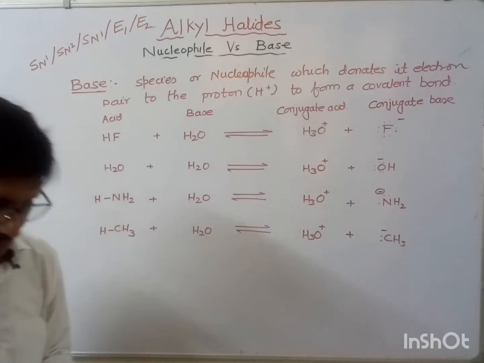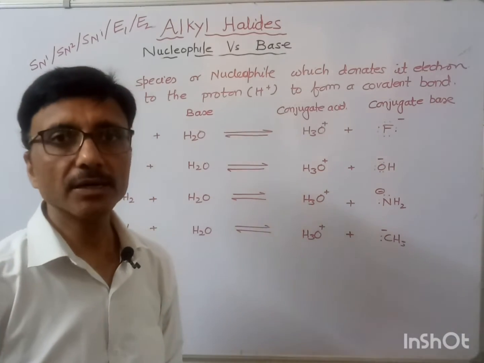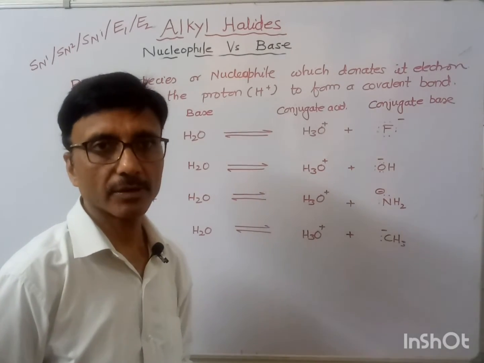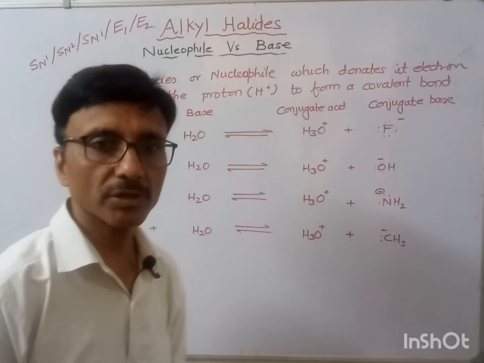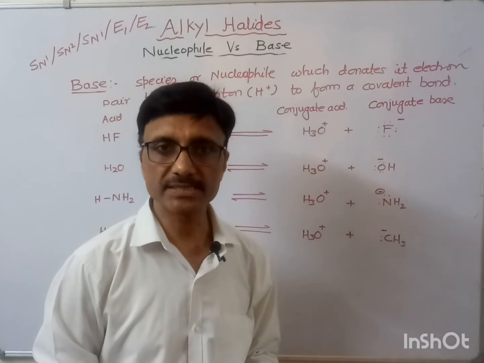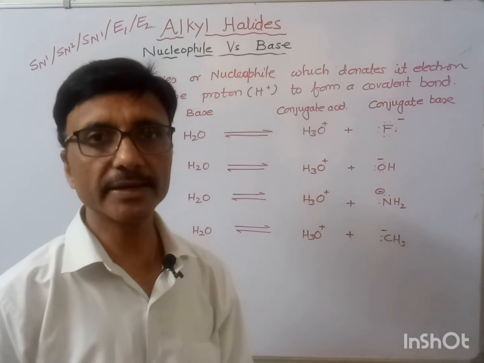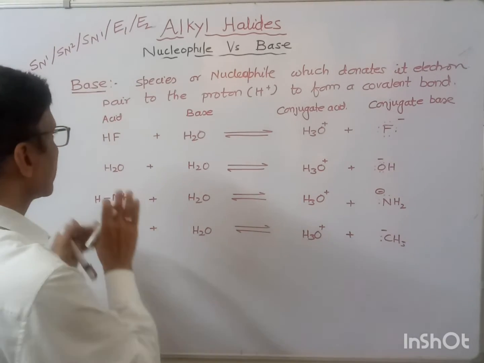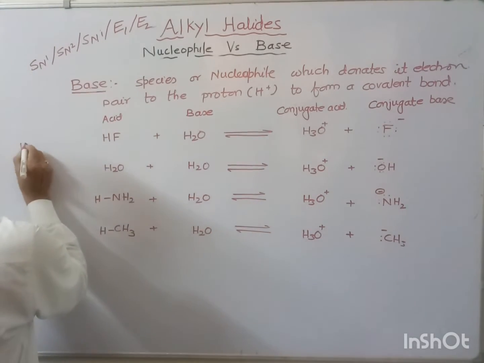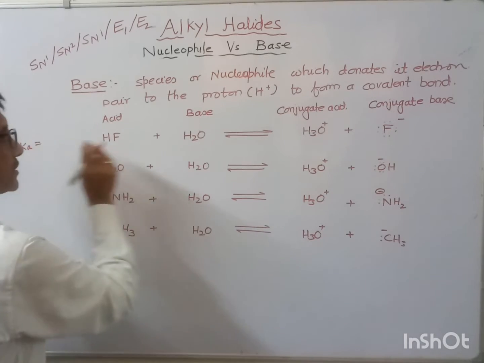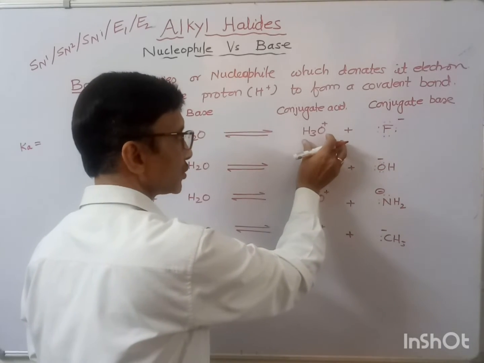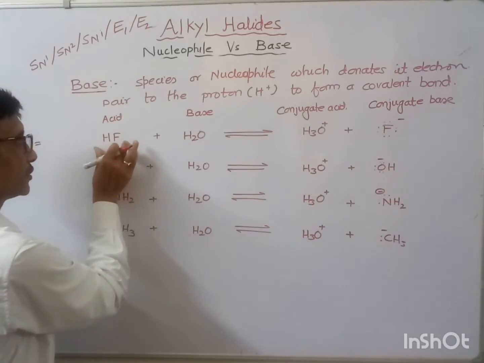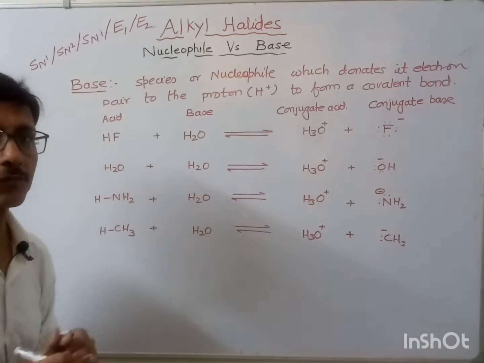From these reactions we can find the Ka, and Ka tells about the strength of the acid, and indirectly we can say the strength of the base can also be found out. So we can write Ka, that is the concentration of this multiplied by the concentration of this, divided by the concentration of this multiplied by the concentration of this.